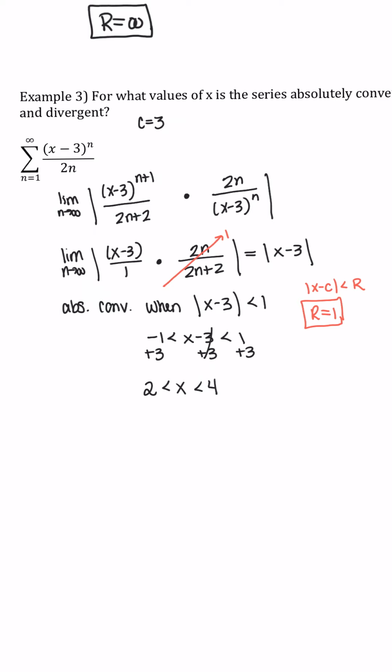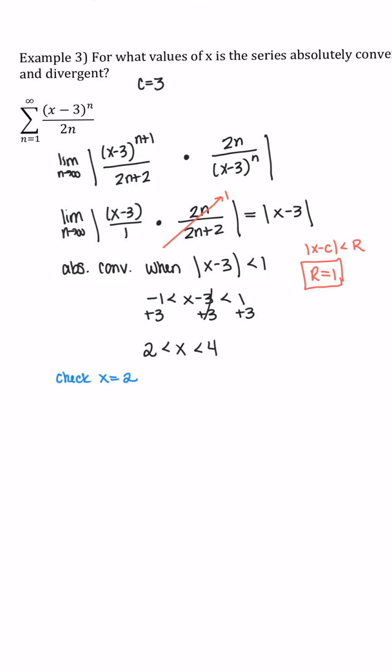Now my next step is to check my endpoints. So I need to check x equals 2 and x equals 4. So first let's plug in 2 to my series. When I do that, I'll have the sum from n equals 1 to infinity of negative 1 to the n all over 2n. Again, this looks very familiar, doesn't it?